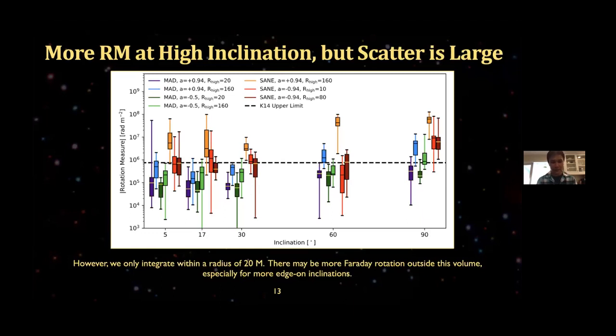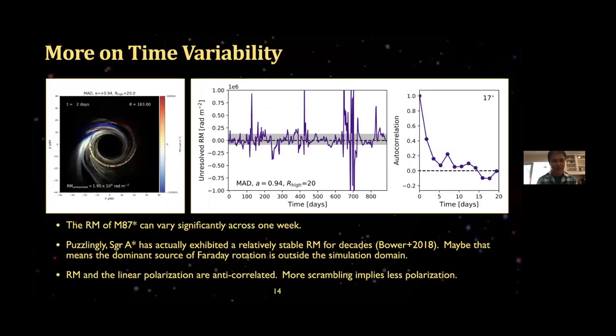But overall, we think it'd be useful to just continue monitoring such sources to get a better handle on the distribution of the RM and how much it varies over time, just so that we can test these models. A single snapshot is difficult to interpret.